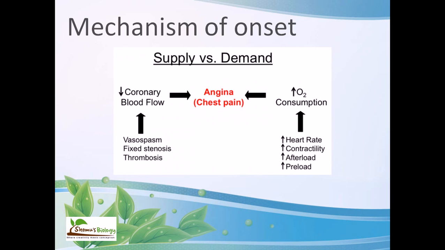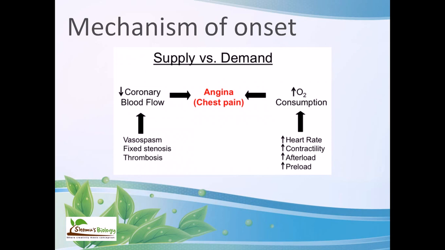Now the onset of this disease is due to many different aspects. If we begin with an increase in heart rate, for any kind of emotional aspects or physical activities, sometimes afterload or preload, any scenarios like that, it can increase the oxygen consumption of your body.